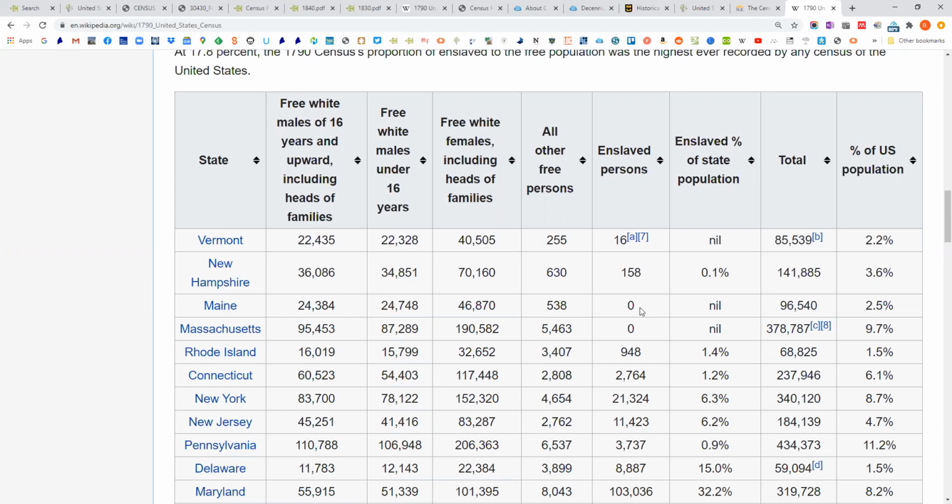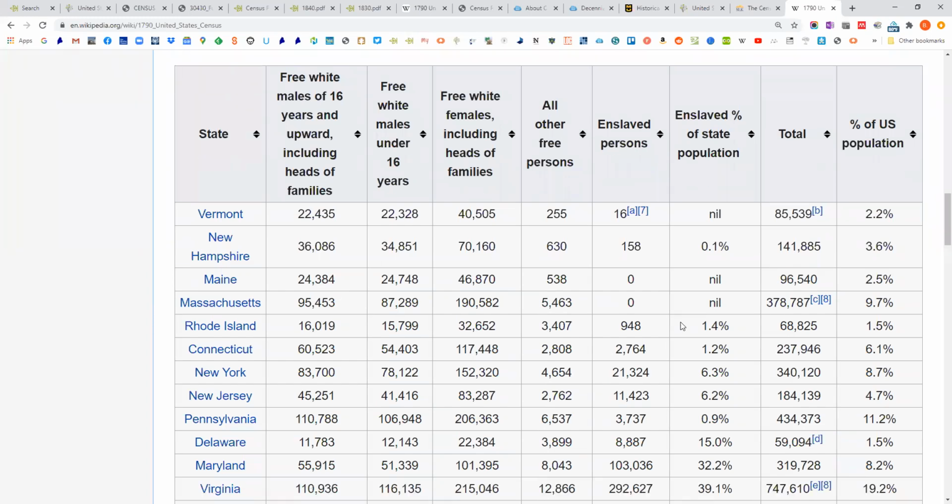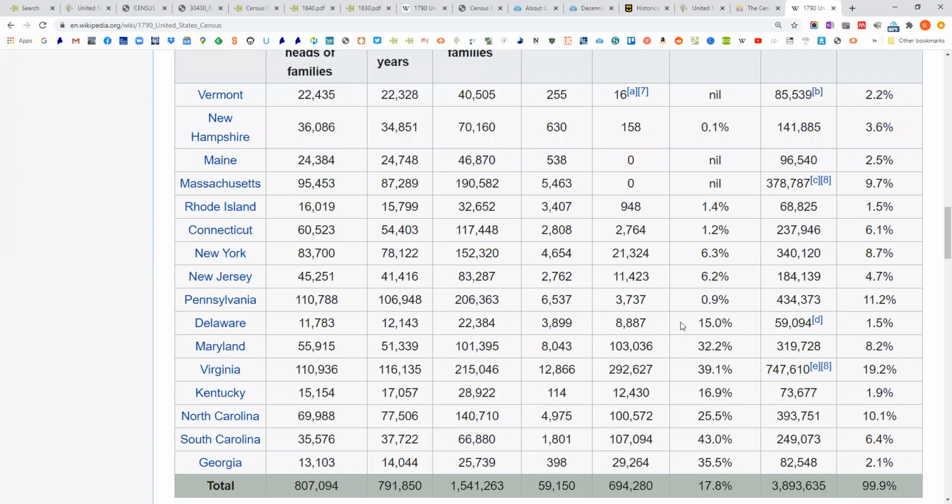And there were slightly more males than females if you add these numbers up. What's interesting is Virginia is the most populous state at this point, with almost 20% of the population, and 40% of the population was enslaved.